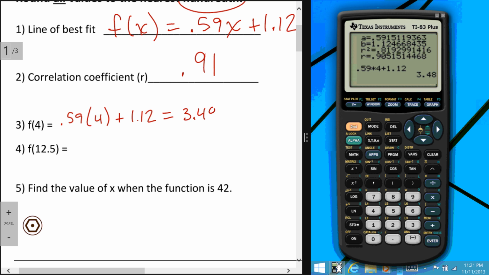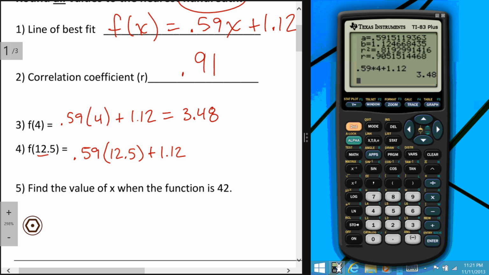So to the nearest hundredth, I'm getting that this equals 3.48. And then the last thing I've got here is I'm going to do the exact same thing when x is 12.5. So it's going to be 0.59, and I'm going to be passing a 12.5 into the function, and then adding 1.12 to that result.